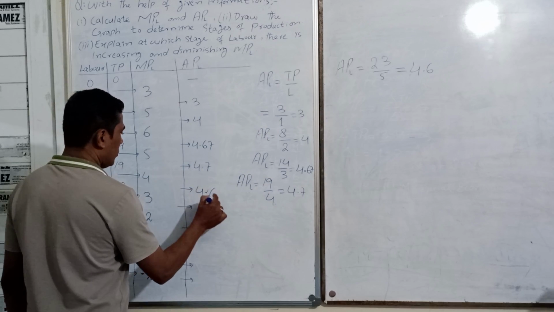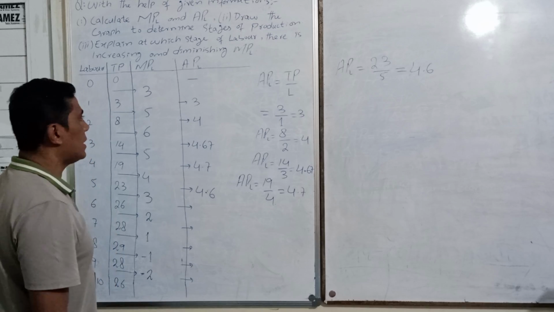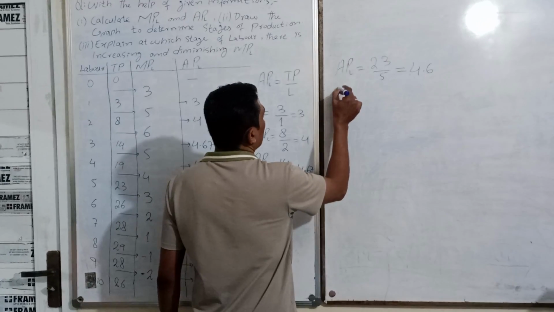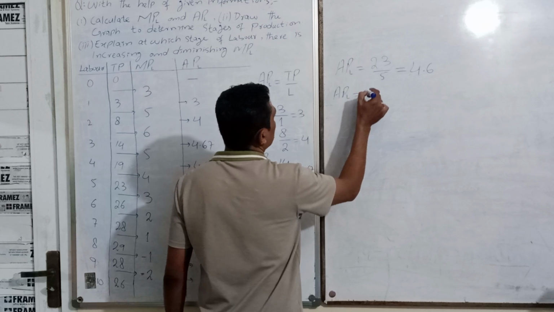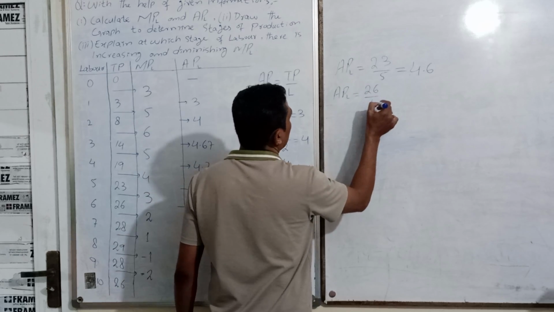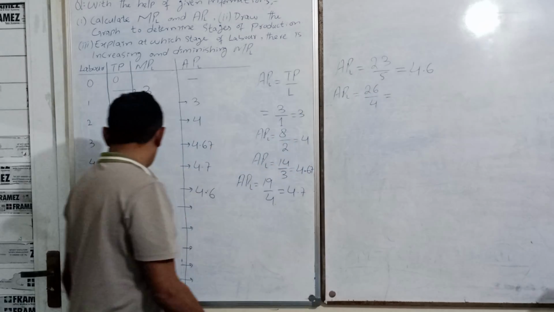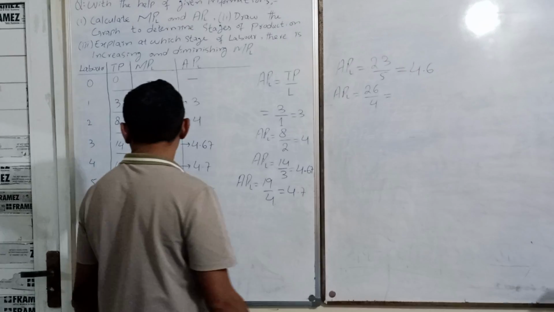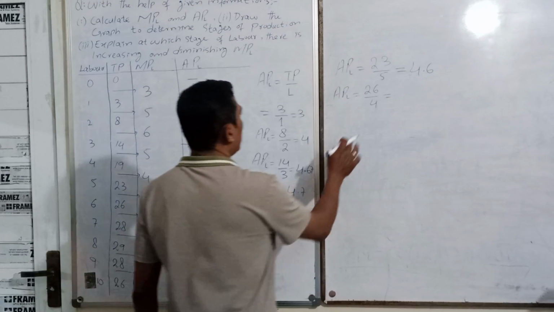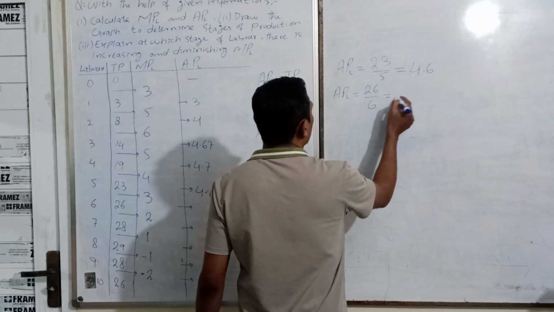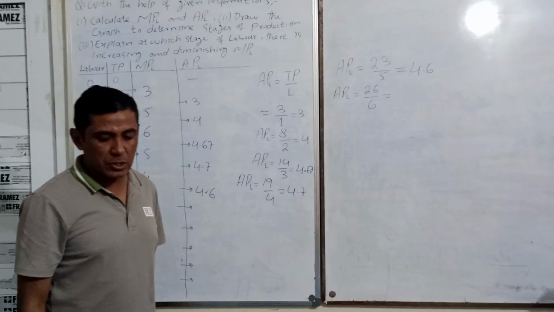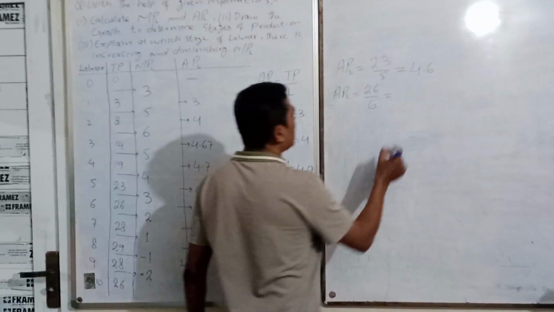Similarly, APL equals 26 divided by 6, sorry. 26 divided by 6, your answer is 4.3.